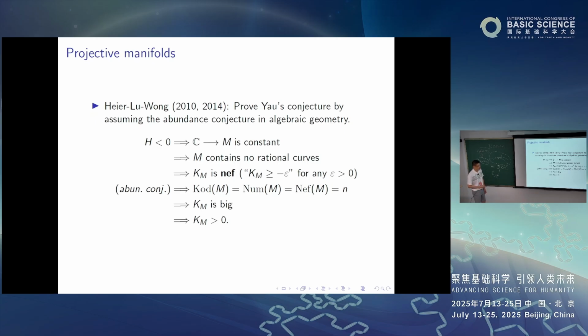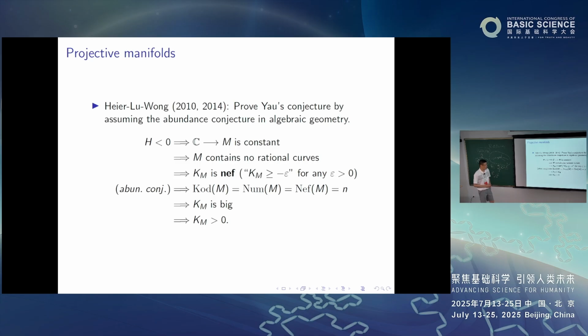Now here's where the abundance conjecture comes into the picture. The abundance conjecture asserts that, to my knowledge, the Kodaira dimension is equal to the numerical dimension, equal to n. And Heier and Wong showed, using the so-called nef induction, maybe the same trick mentioned in Peternell's talk, that in that case, the nef dimension of K_M is equal to these three.